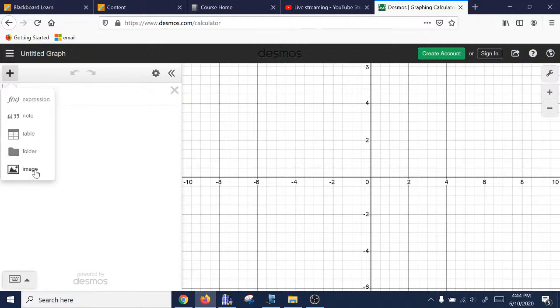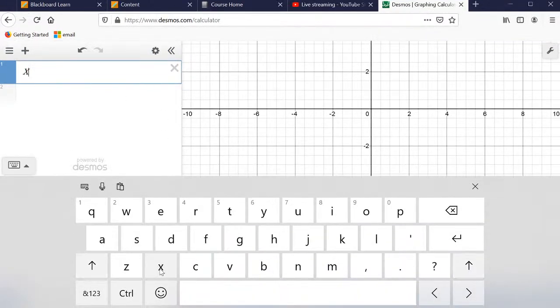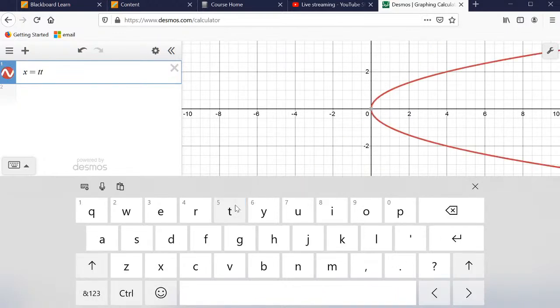Let's see. If I write x equals, let's say, t squared.